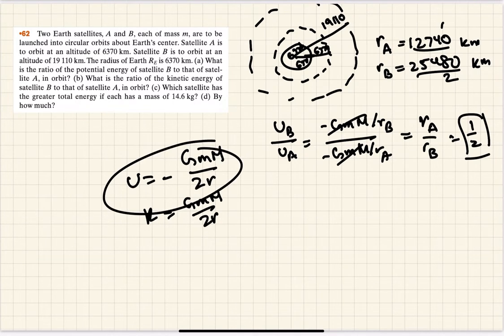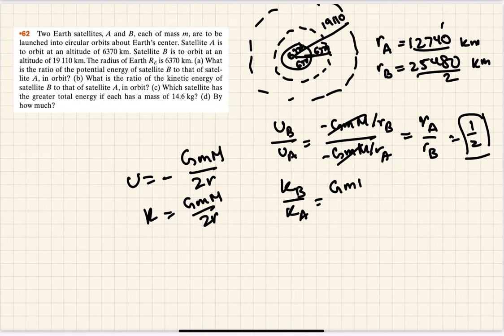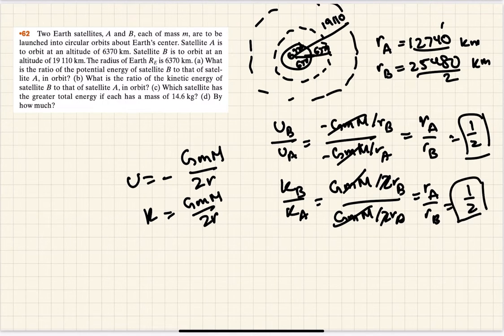Again, you might want to derive that a little bit, show how you got this equation, but now that you do have it, the ratio of the kinetic energy, KB over KA, is equal to GMm over 2RB over GMm over 2RA. The 2's cancel off. This again becomes RA over RB, which again is 1/2.